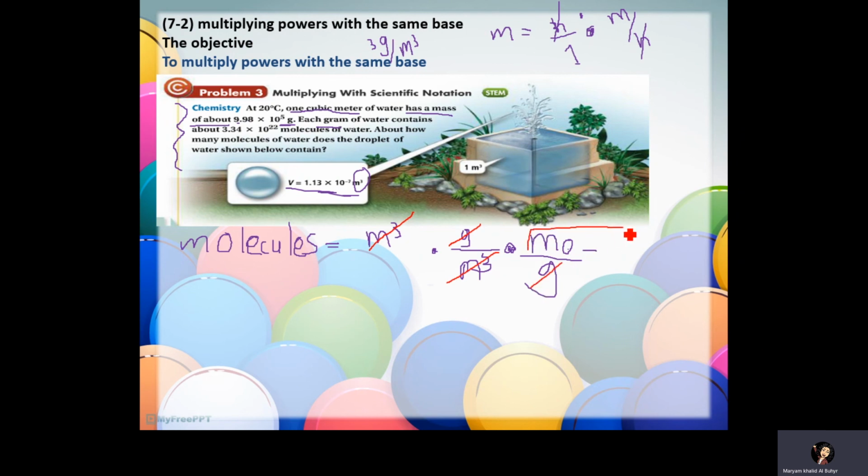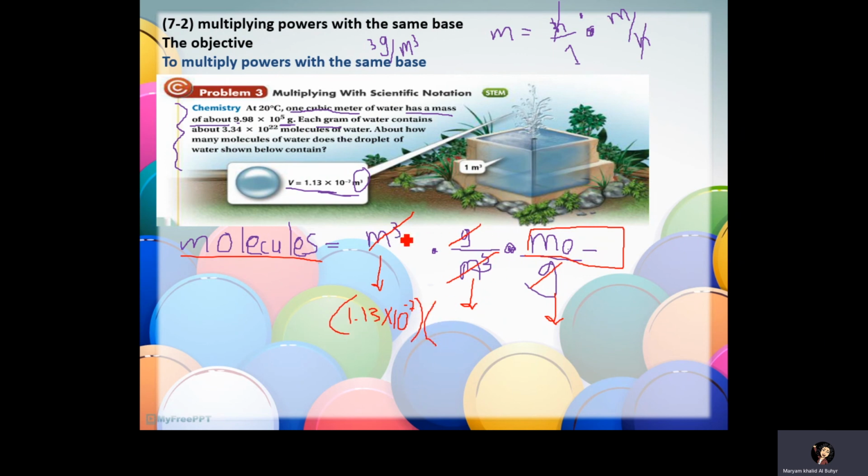So the remaining is molecules of water, and that's what I need. Now, great. I can substitute these numbers related to these ratios. So this will be 10 to the power negative 7. So that's the first one.